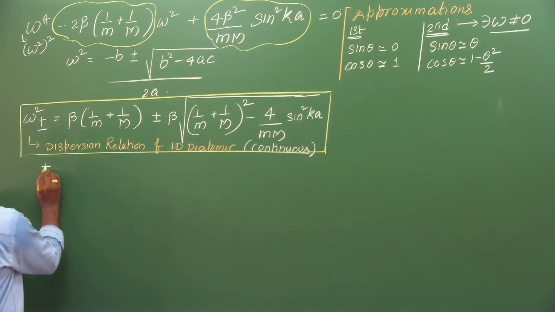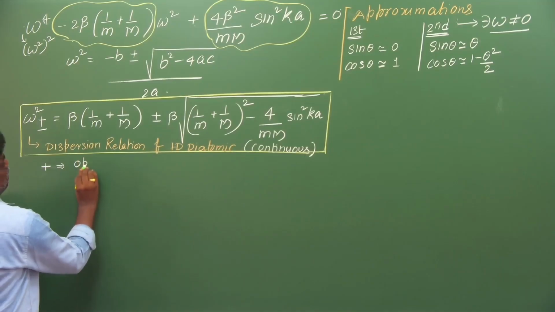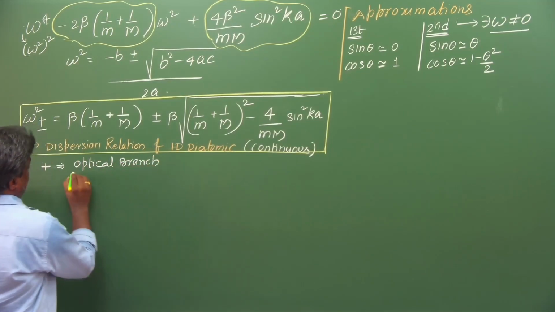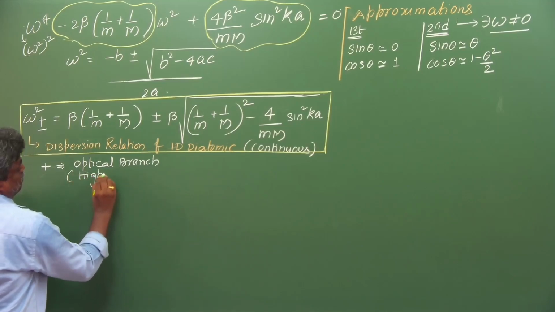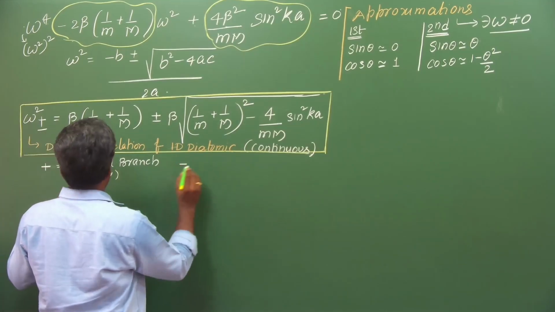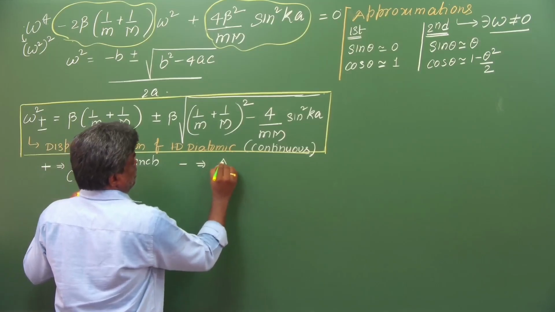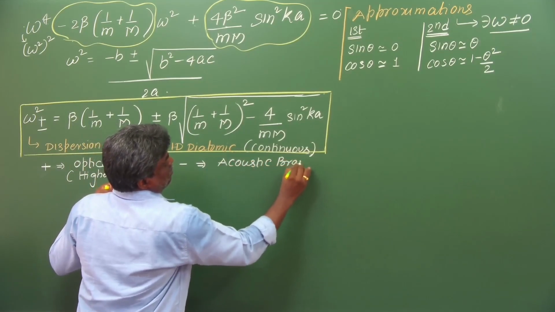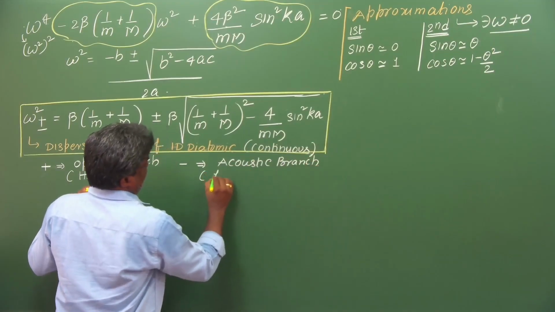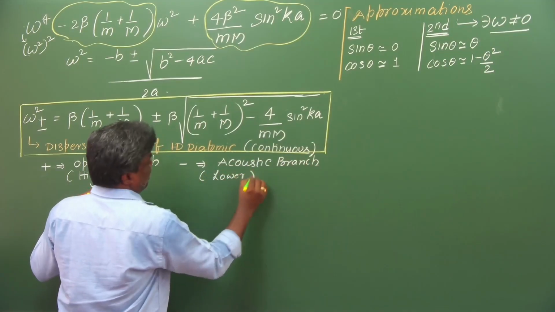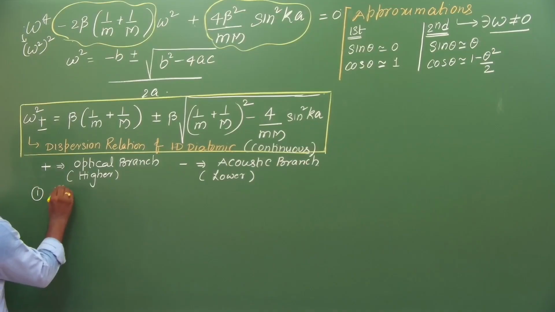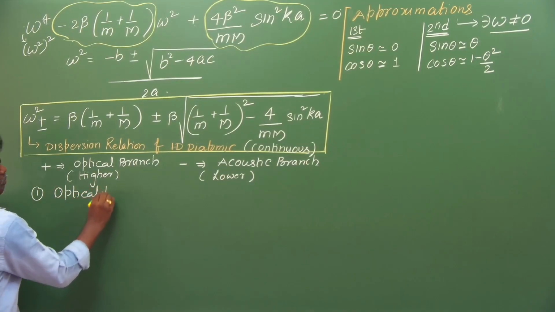So plus is the optical branch, the higher frequency, and minus is the acoustic branch, the lower frequency. Now let me take the first one, plus, the optical branch.